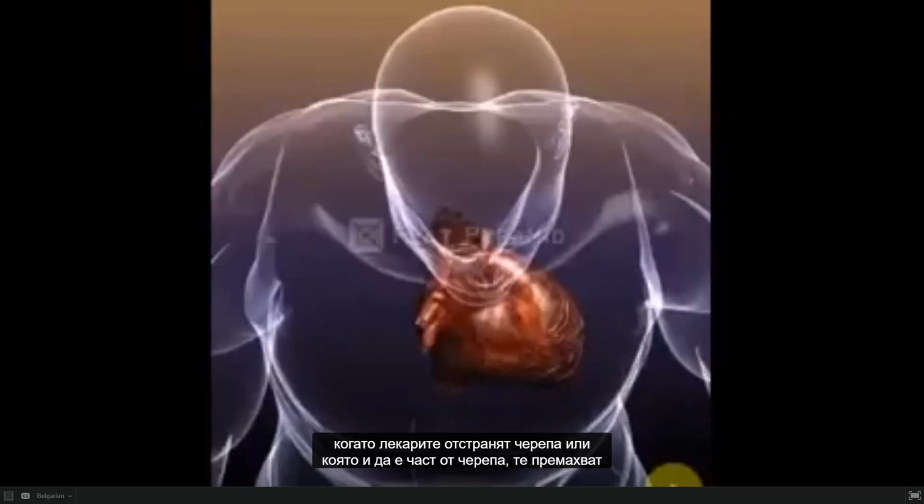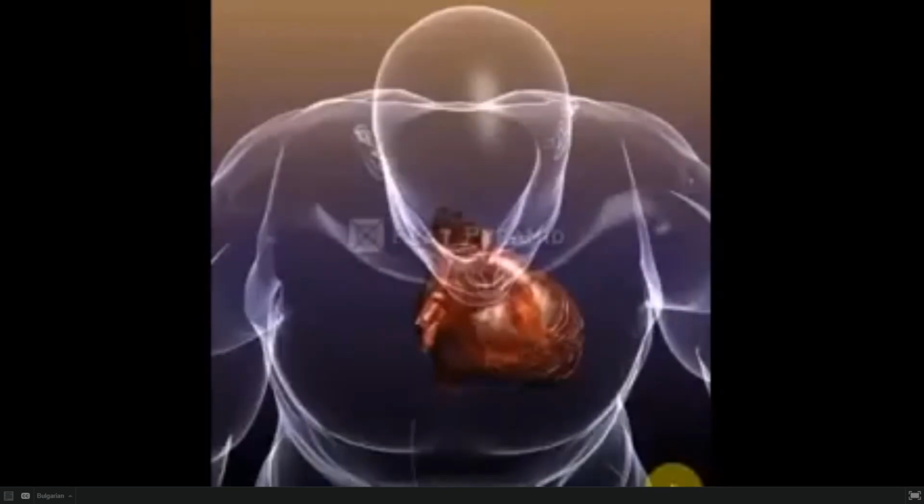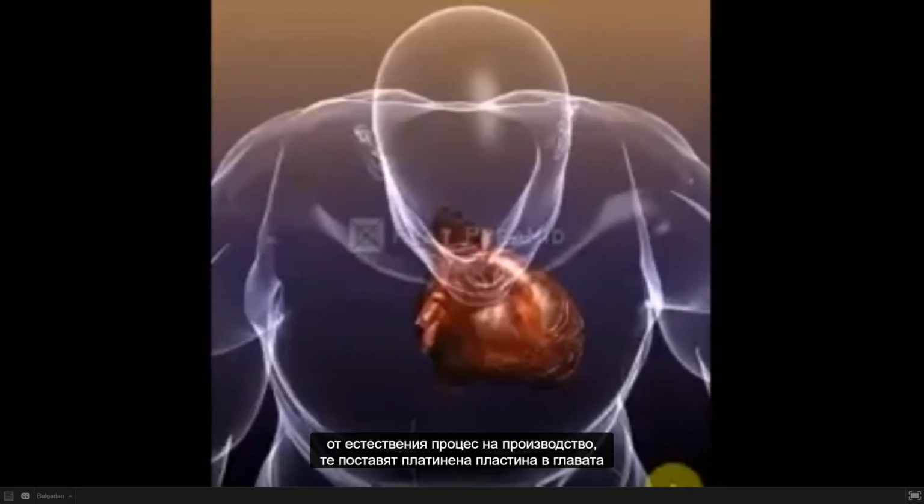When the doctors remove the skull or any part of the skull, they remove the production system of the brain. So what this means is, if there is no skull in a certain part of the brain, when you put a plate on, you more or less deprive the brain of its natural process of production.